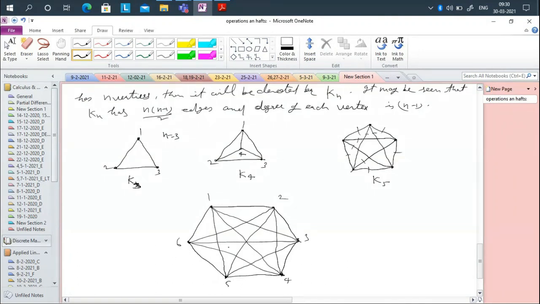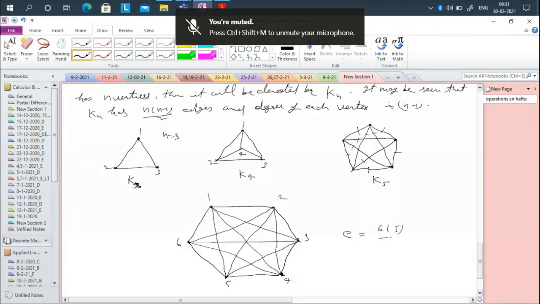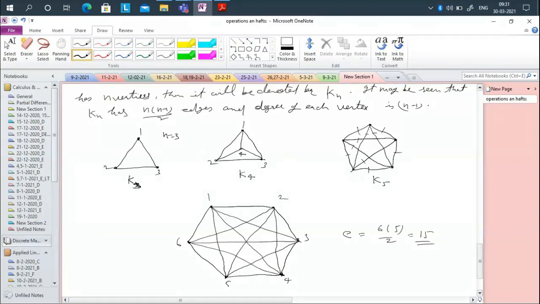See, each vertex has 5 degree. And the total number of edges in this graph is 6 into 6 minus 1 by 2, that is 15. Understand? So this is called K6.